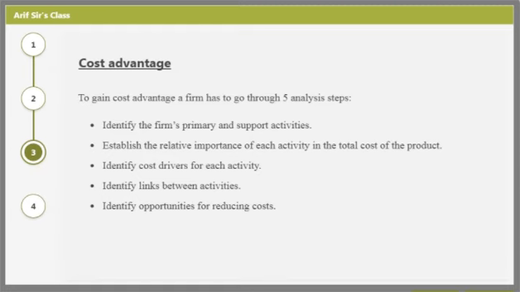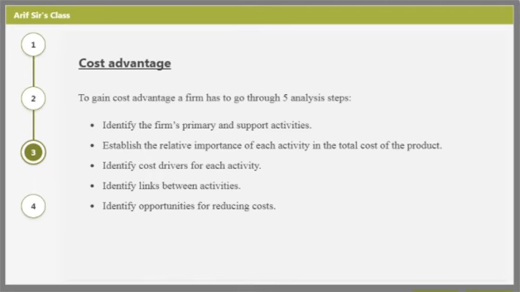When the company knows its inefficient activities and cost drivers, it can better plan how to improve them. For example, too high wage rates can be dealt with by increasing the production speed, outsourcing the jobs to low wage countries, or installing more automated processes. So this is the 5-step analysis for cost advantage.